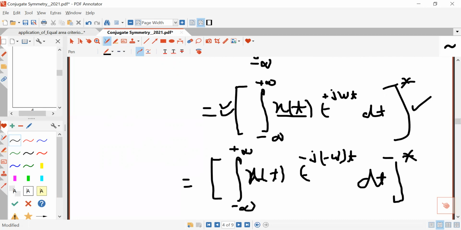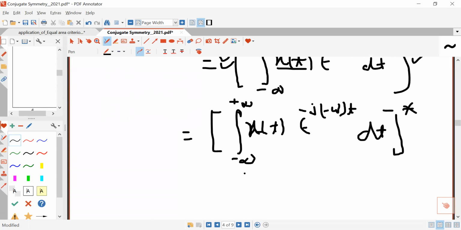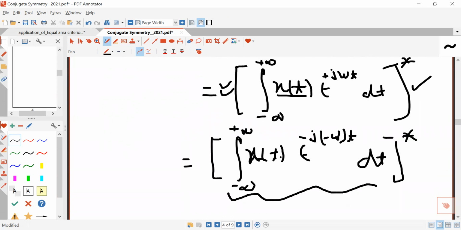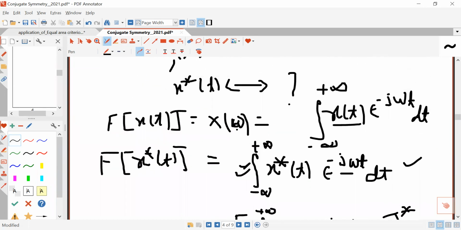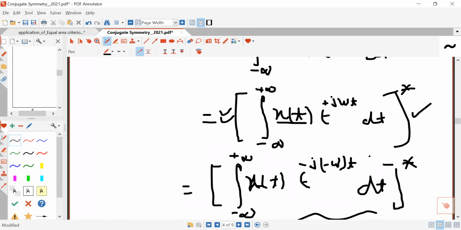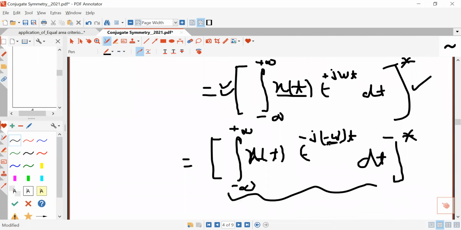conjugate. Now, as you know, the Fourier transform of any signal x(t) is X(omega), and X(omega) is the integral with e to the power minus j omega t. Here in place of omega, there is minus omega.